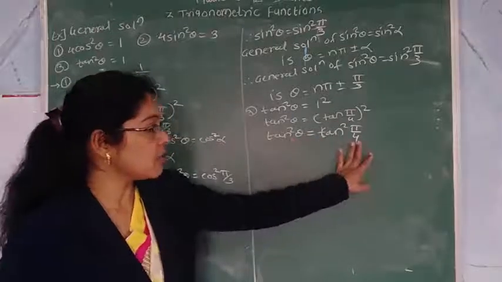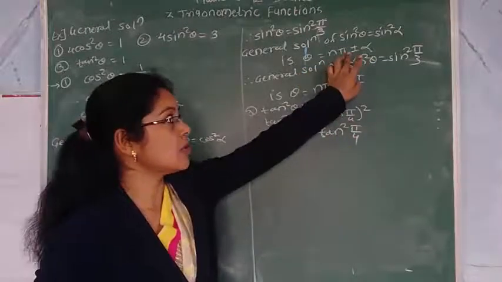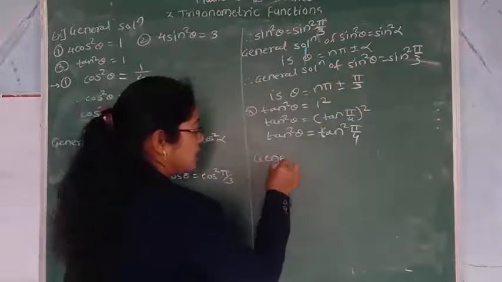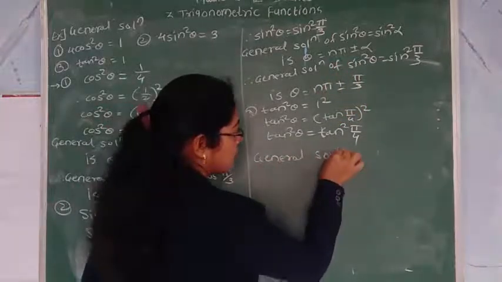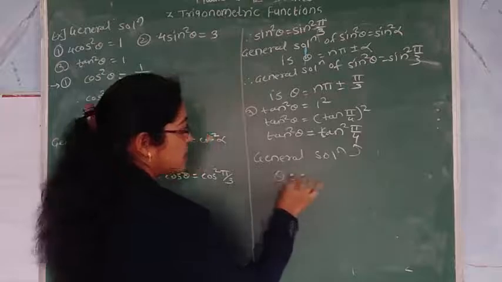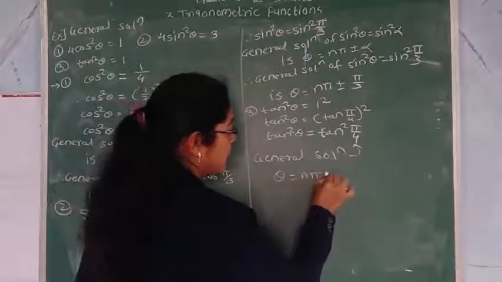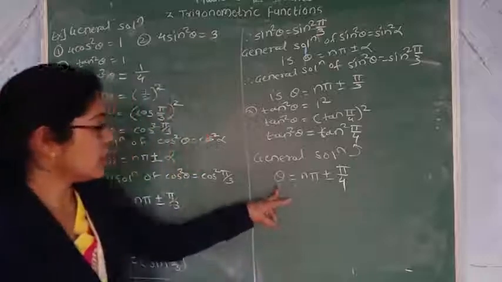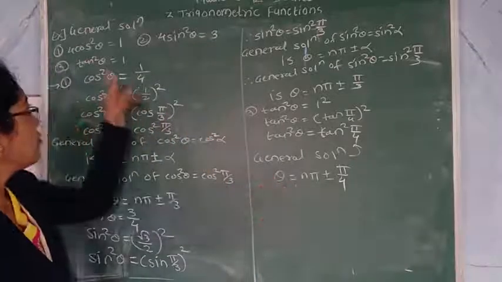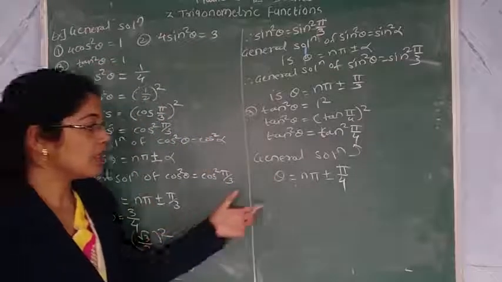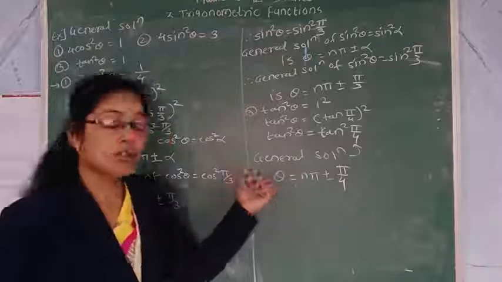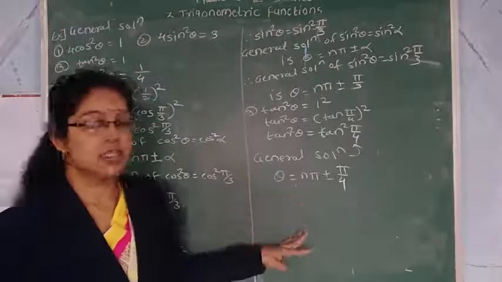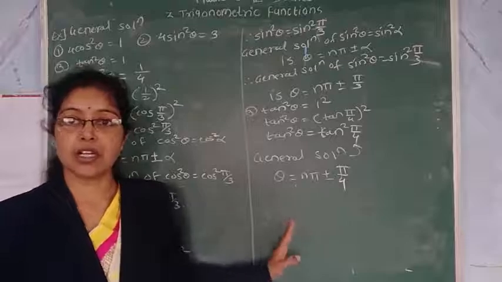Tan square theta is equal to tan square alpha is theta is equal to n pi plus minus alpha. So we can write directly the general solution of this form is theta is equal to n pi plus minus alpha, alpha is pi by 4. So this is the required general solution of tan square theta is equal to 1. Now you will solve the examples up to question number 6 in Exercise 3.1.